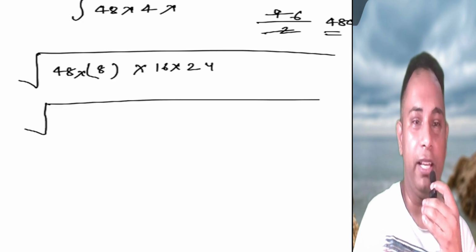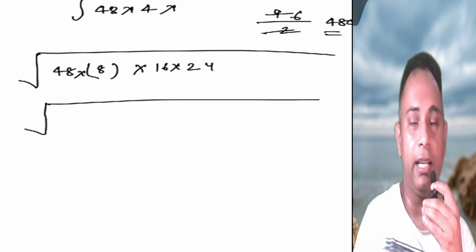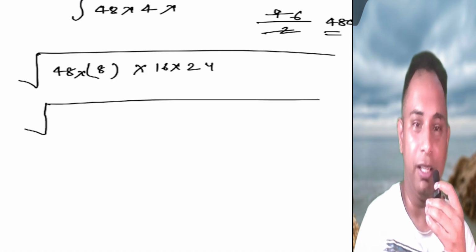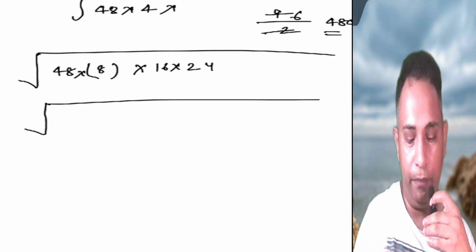You might already be aware, if any two multiples are there under the root, we can just take one outside the square root. 48 can be written as 16 into 3. Any issue?